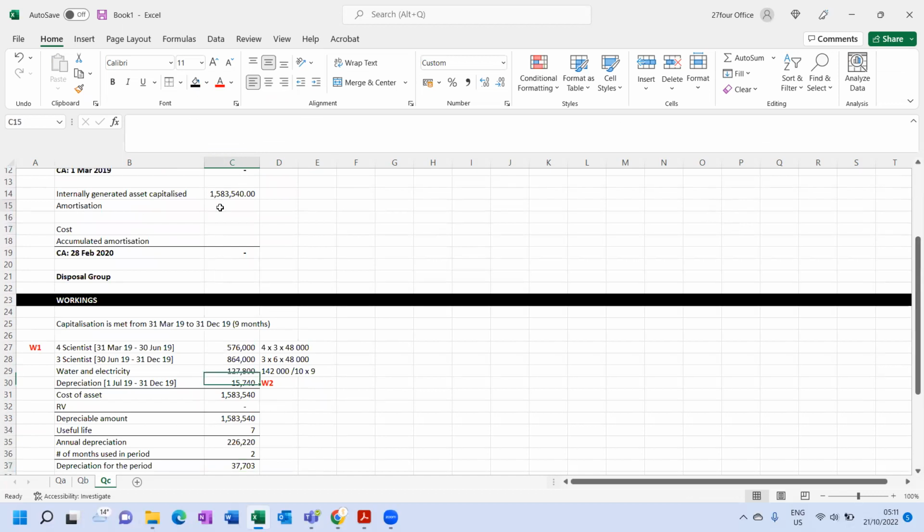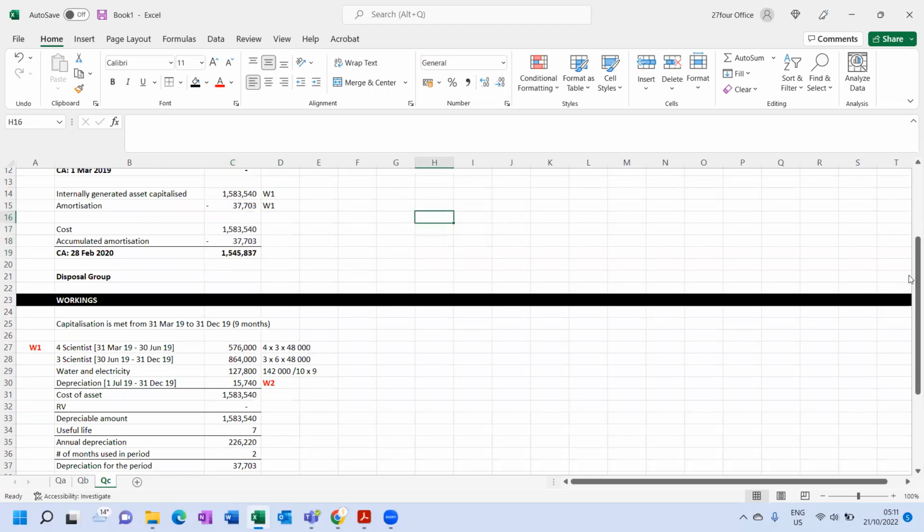So amortization would simply be equal to that. Okay, this here is working one. So the cost of the asset is going to be that. The accumulated depreciation or amortization is going to be that. So there we go.